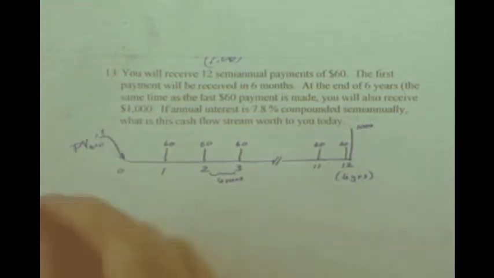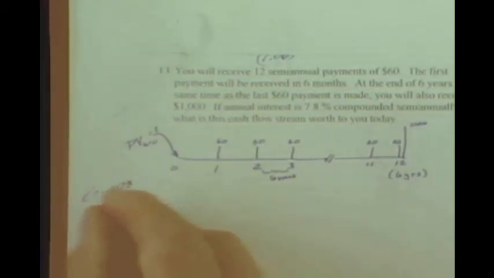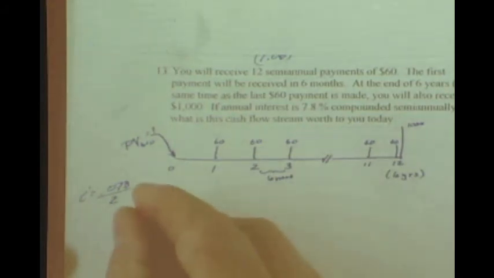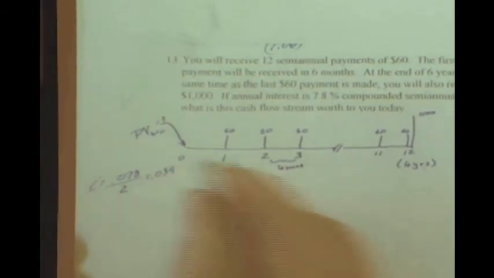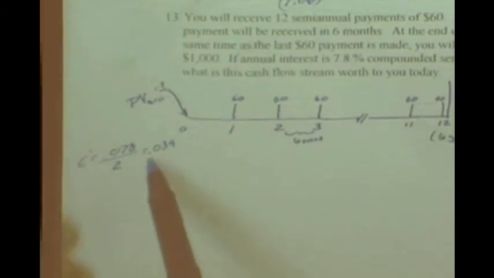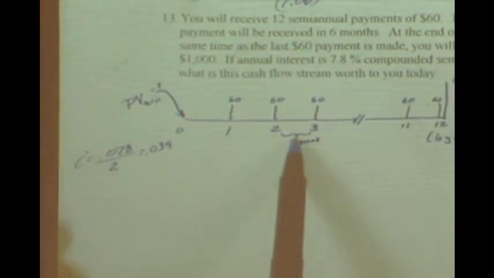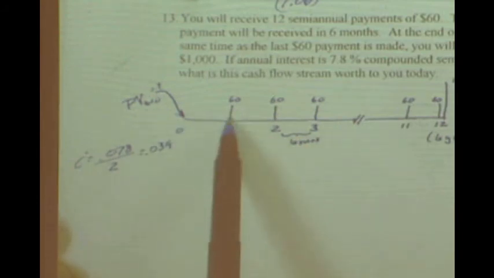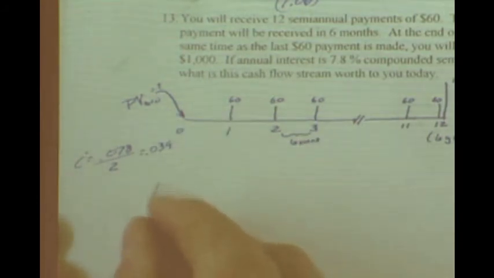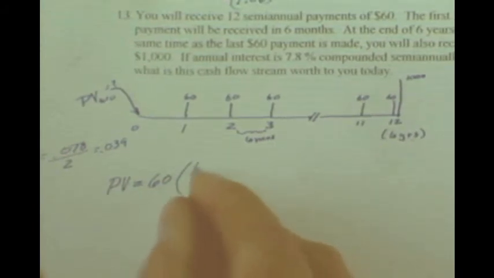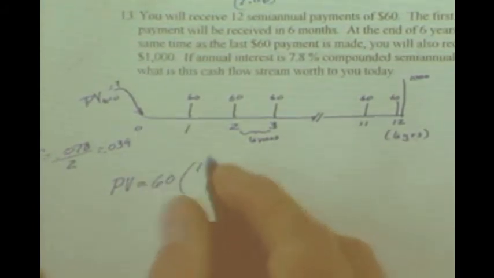The interest rate is .078 divided by 2, or .039. Now, since our annual interest is compounded semi-annually, it fits the time between payments. And since the first payment is 1 full period away, my present value equation is going to consolidate the payments at time 0 where I want them.